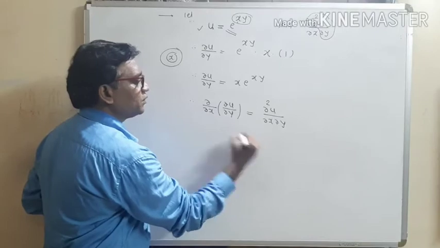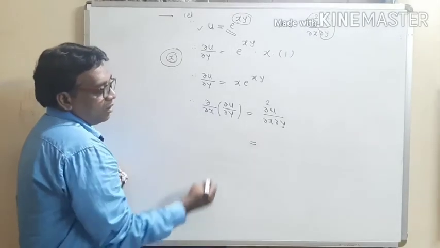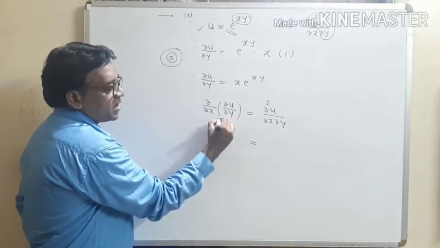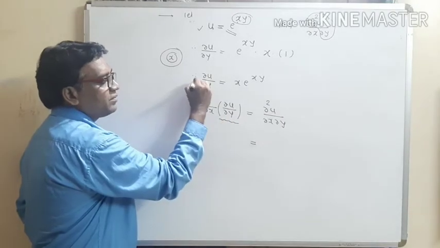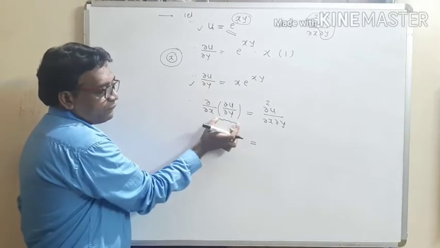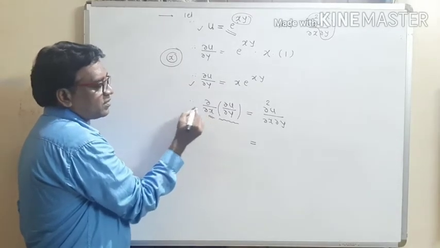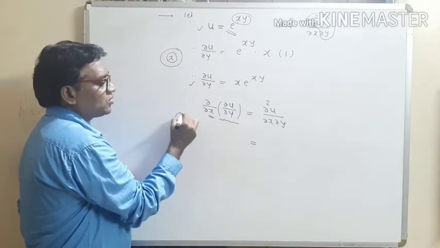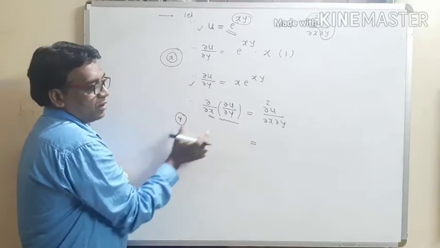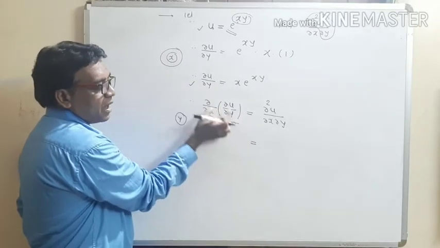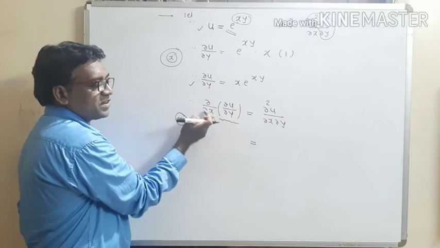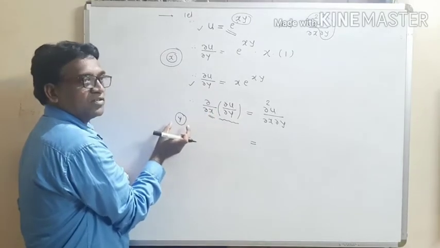So write down this is equal to, now differentiate this ∂u/∂y, this is our derivative. Differentiate this partial derivative with respect to x, means treat y as a constant term. Differentiating this ∂u/∂y partially with respect to x means keeping y as a constant term.